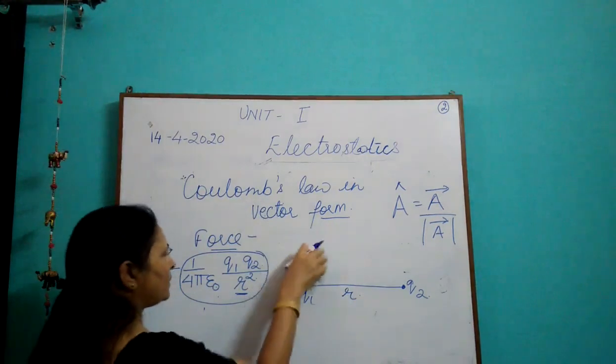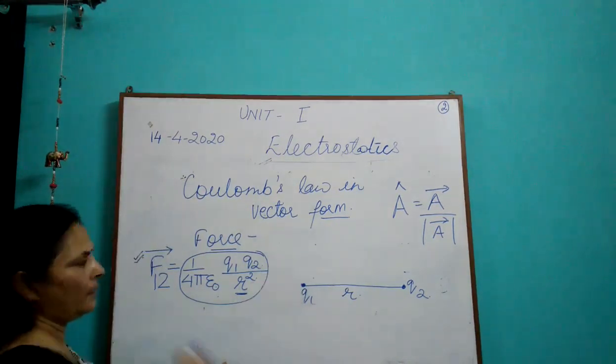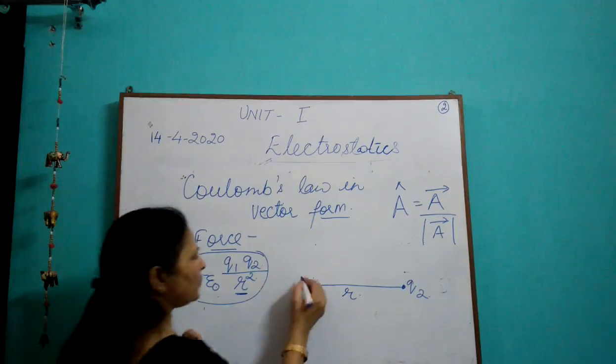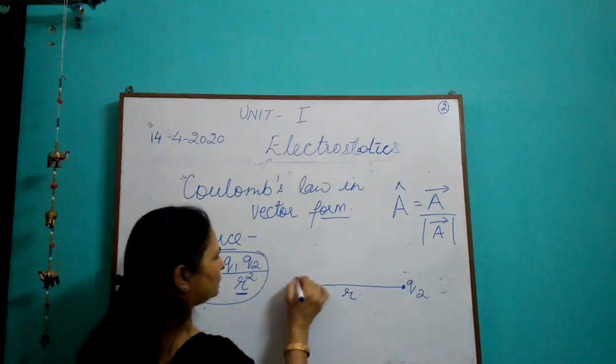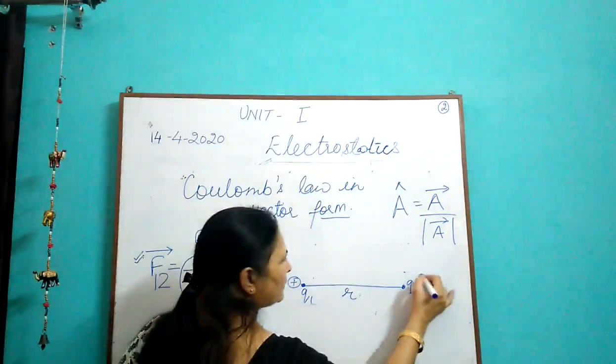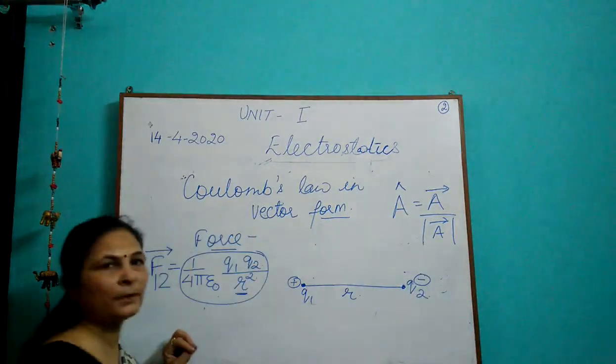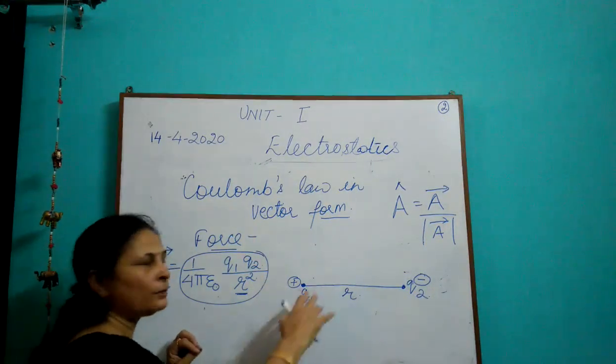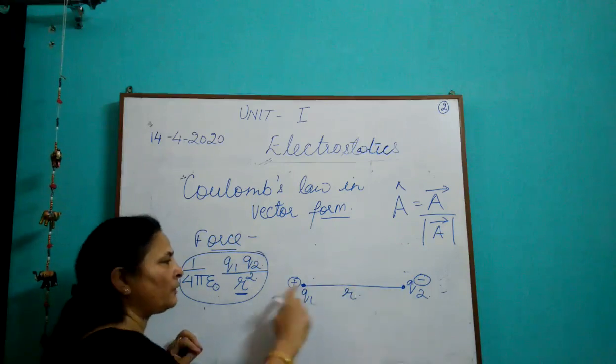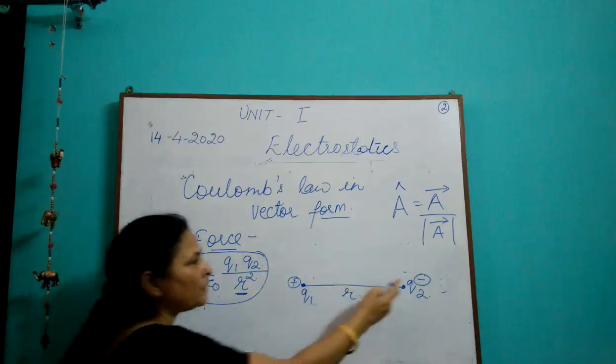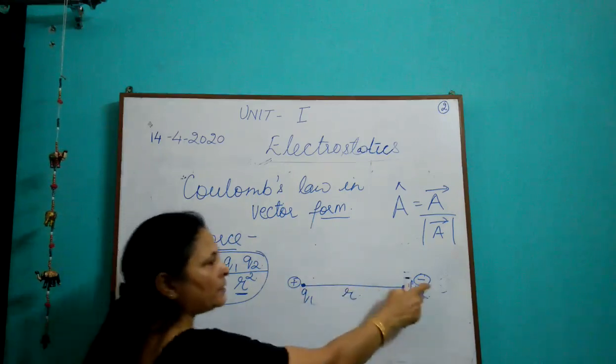Let me rub off this distance also. Now, suppose this is a positive charge and this is a negative charge. Dissimilar. It can be the other way around also: this is negative and this is positive. I will do it for positive and negative. You can yourself do it for this negative as well as this positive.